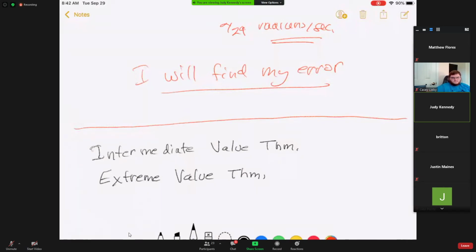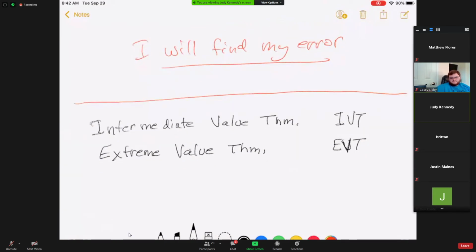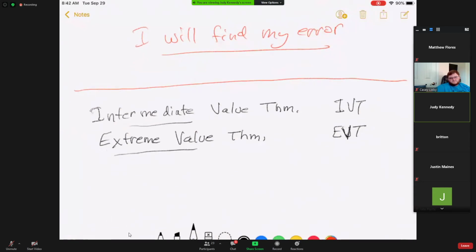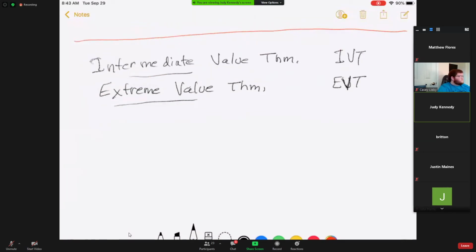I abbreviate these IVT and EVT, and we're also going to have a mean value theorem a little bit later. But what do they say? The extreme value theorem and the intermediate value theorem don't even require that you have a derivative. Okay, let's do the intermediate value theorem first.